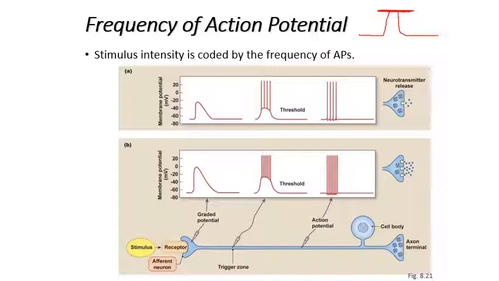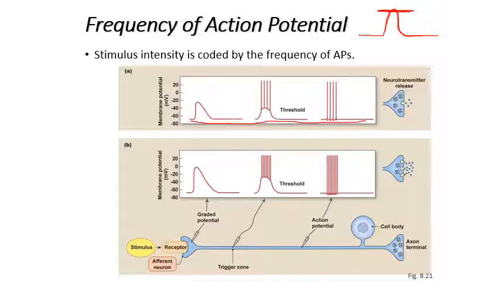If the amplitude of that sensory neuron is the same, how can your brain tell the difference? It does so because a larger stimulus will actually cause a higher frequency of signaling. This top one would be an example of, say, that lighter touch. You can see the frequency.